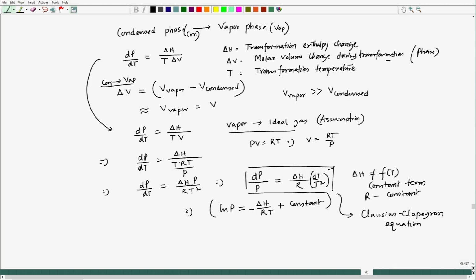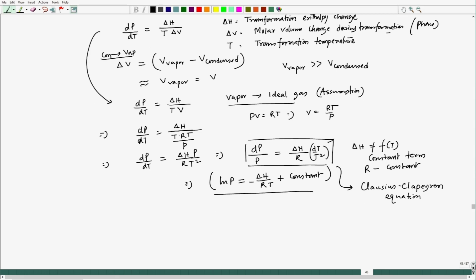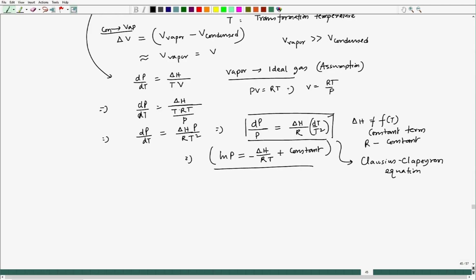Fine, so we get this. If I try to plot this for solid to liquid, then definitely I would get a plot which reflects the equilibrium between a condensed phase and the vapor phase. The condensed phase could be either liquid or solid, and I should get two plots.